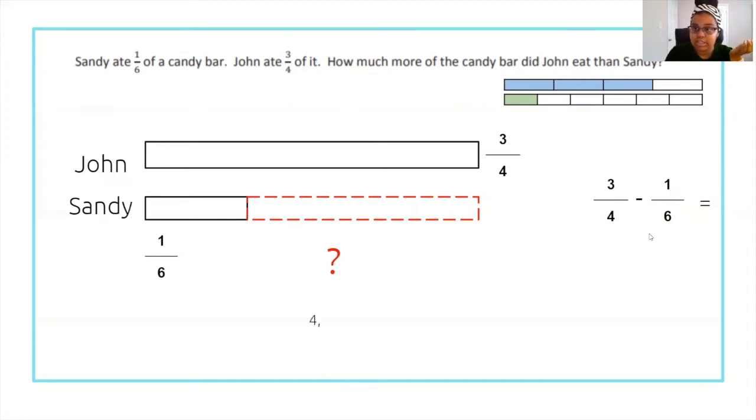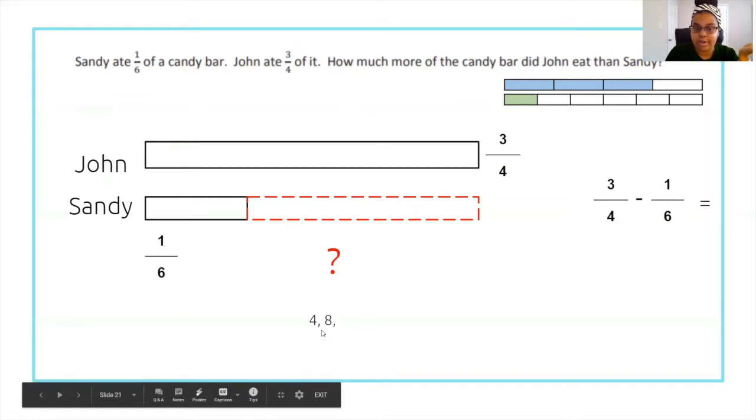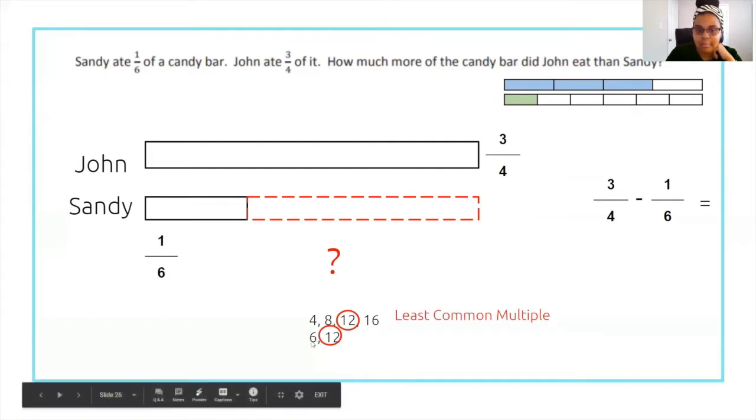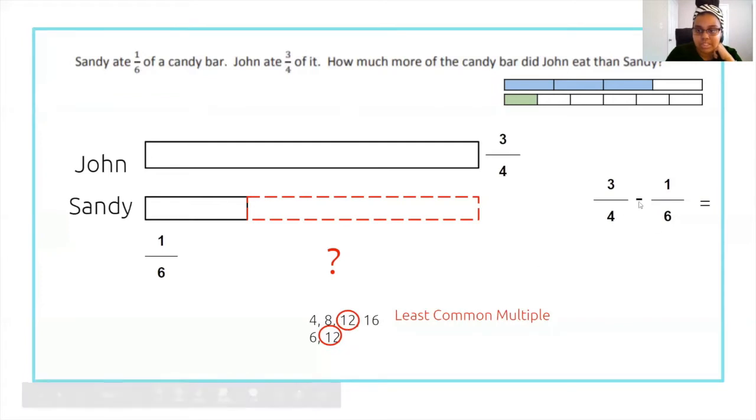So I can start listing my multiples of 4 first. So I'm starting with 4. Then I know after 4 comes 8, 12, 16. All right, now I'm going to start listing my multiples of 6. I know that I have 6 and 12. Once I get to 12, I'm going to stop because I know that I found the least common multiple, which means my least common denominator for this problem is going to be 12.